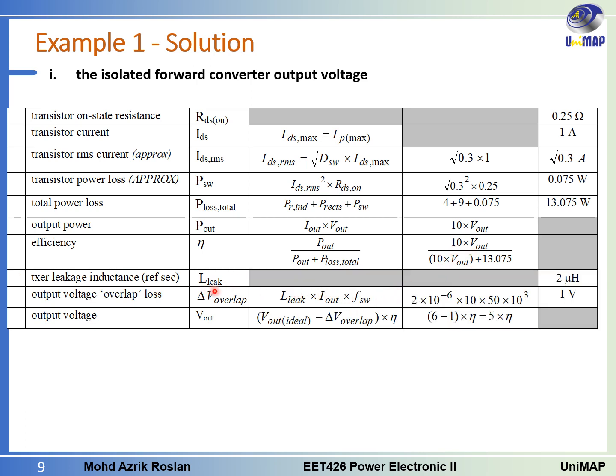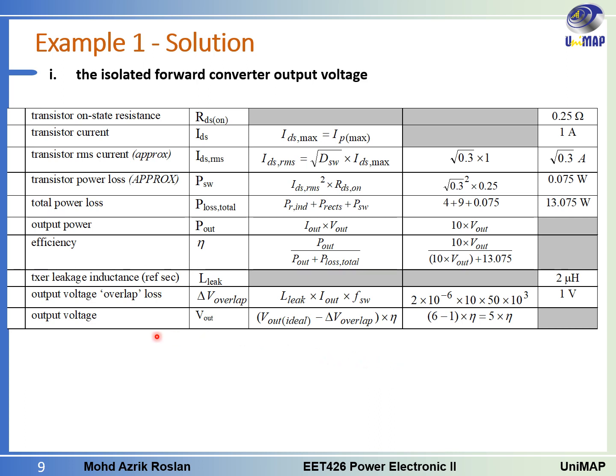And then we have the leakage inductance, in this case 2 microhenry, and we have the output voltage overlap loss, delta V overlap, equal to L leak multiplied by I out multiplied by switching frequency. If you replace everything, switching frequency is 50 kilohertz, L leak is 2 micro, I out is 10, we have delta V overlap is 1 volt.